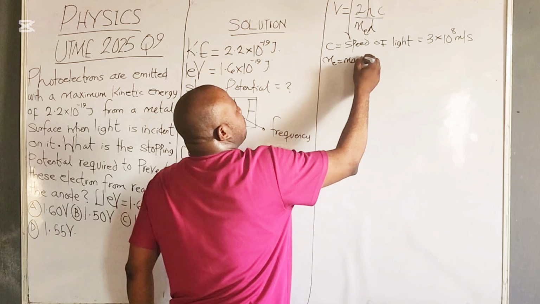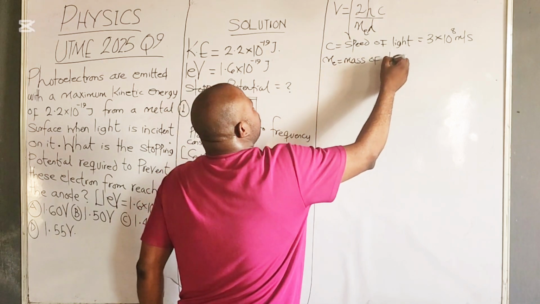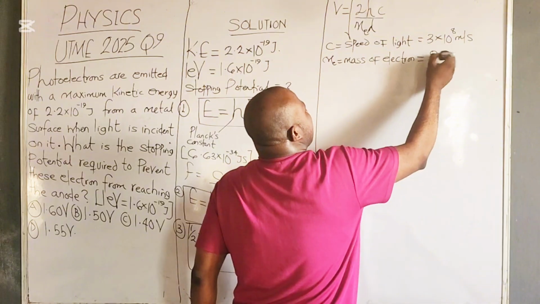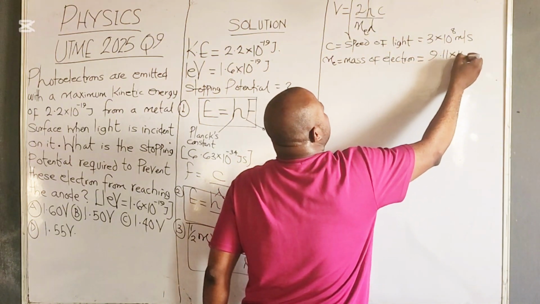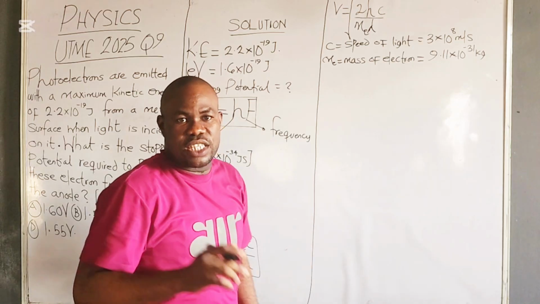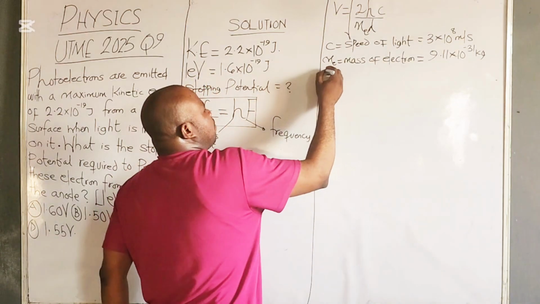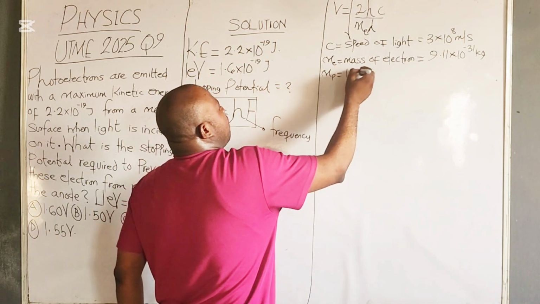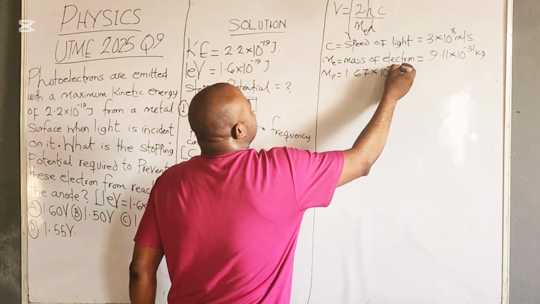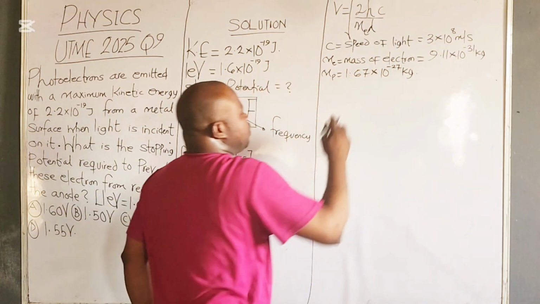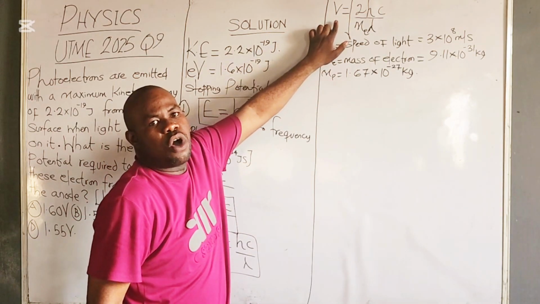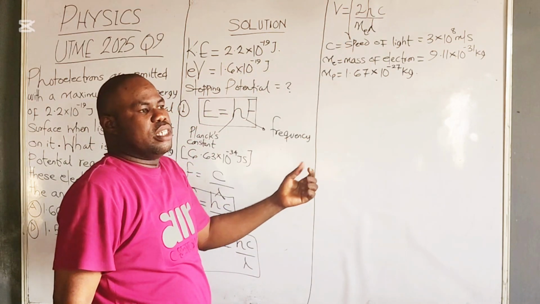Then m is the mass of the electron. You may be given the constant or may not. The mass of electron is 9.11 times 10 raised to the power minus 31 kilogram. If you are given a proton, the mass of the proton is always 1.67 times 10 raised to the power minus 27 kilogram. Normally, this is how you calculate the velocity of a moving electron in a field.